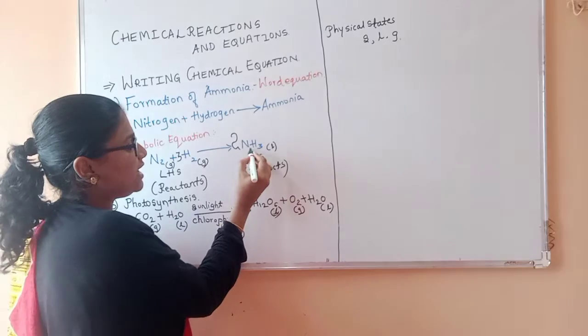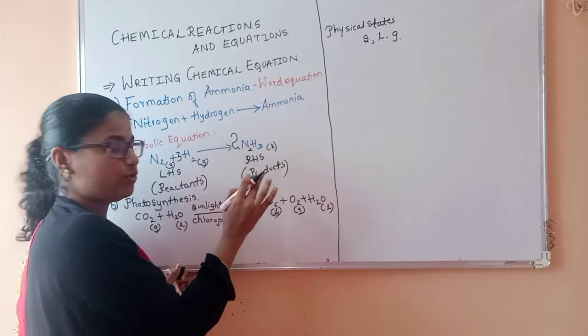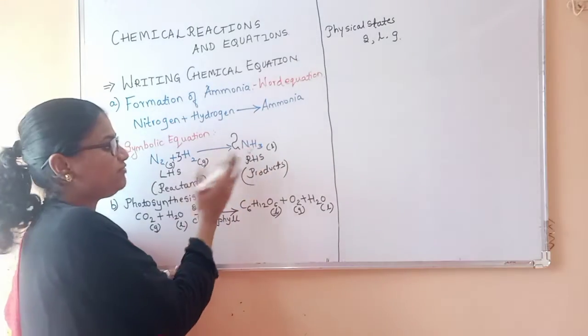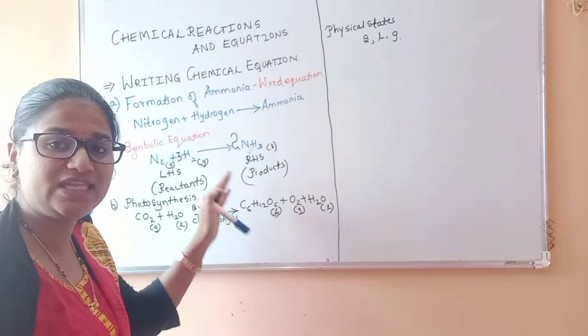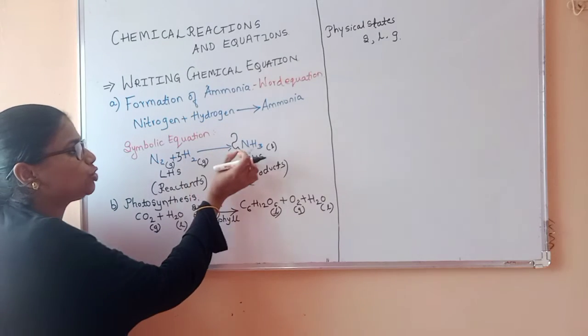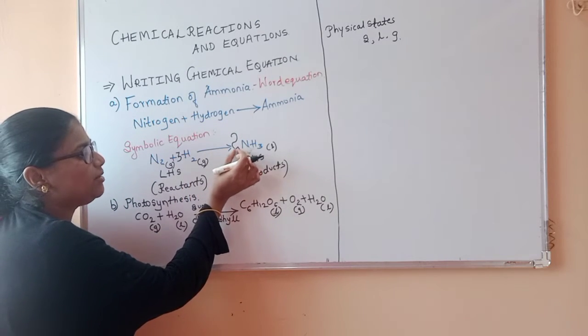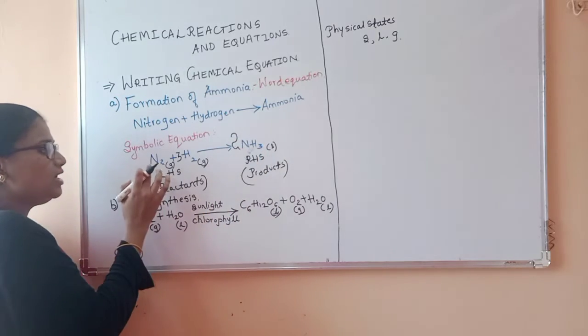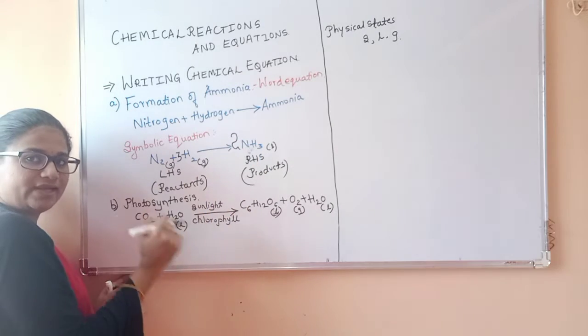I did not write it as a subscript, which is not allowed. We can only write it as a coefficient, before the atoms of an element. So when I write 2 here, it will become 2N, meaning nitrogen will become 2 atoms. Here also nitrogen is 2 atoms.